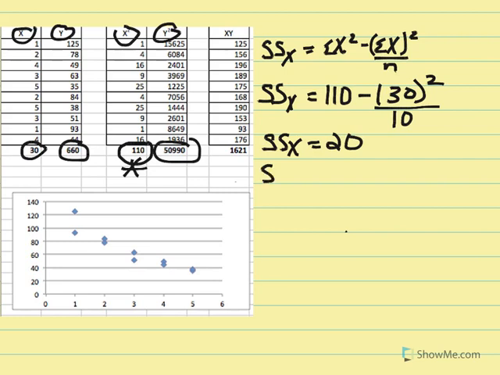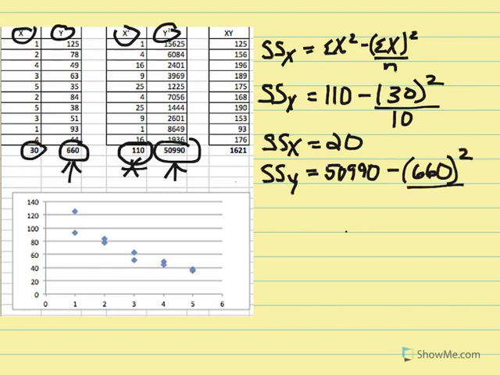Now we can calculate SSY. So it's the sum of all Y values that have been squared. That's this value. So it's 50,990 minus the sum of Y, which in this case is 660. Again, this value here. We're going to square that and divide by 10.